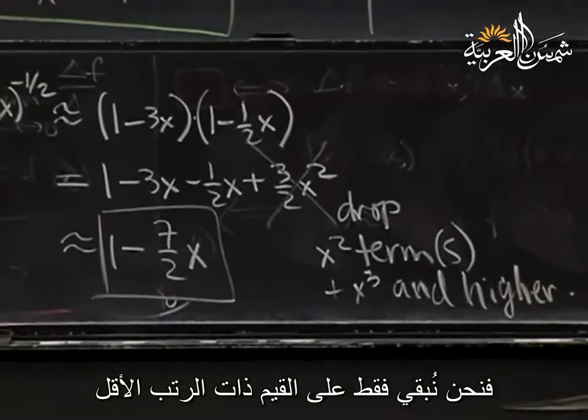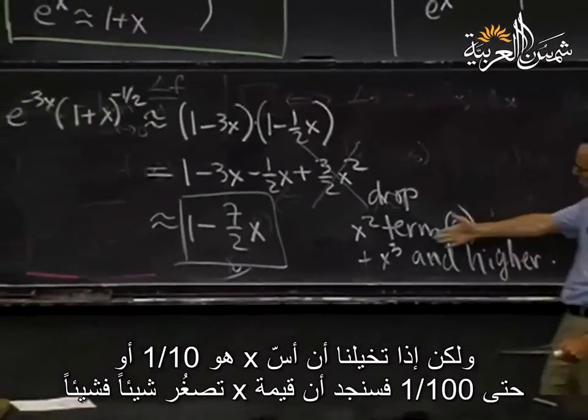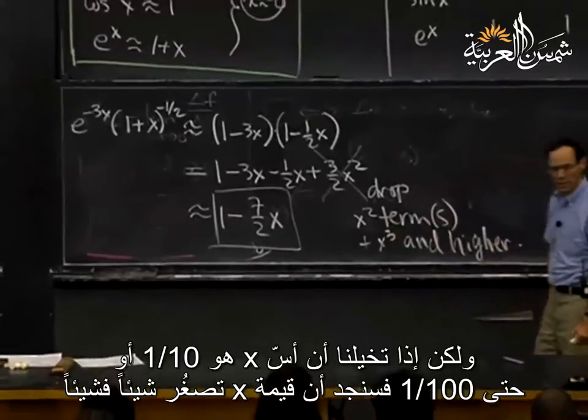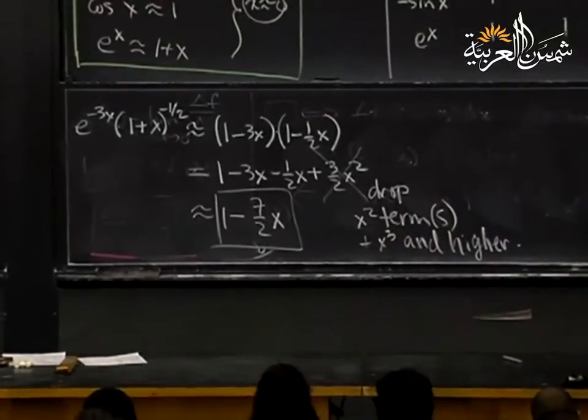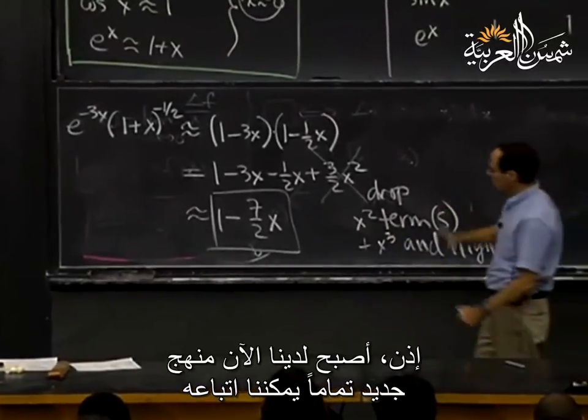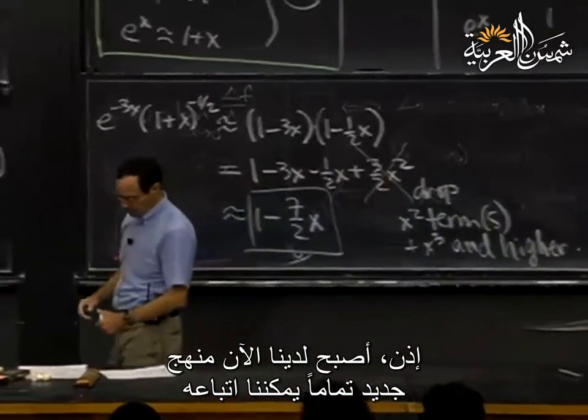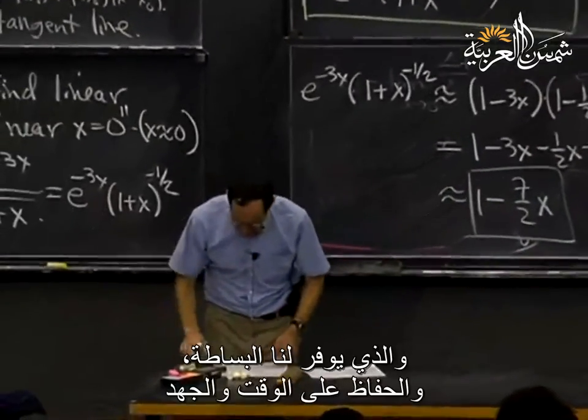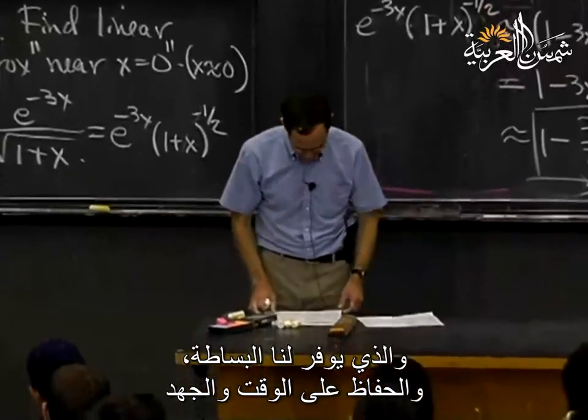All right, all those terms should be lower order. If you imagine x is a tenth or maybe a hundredth, then these terms will end up being much smaller. All right, so we have a rather crude approach, and that's really the simplicity, and that's the savings.